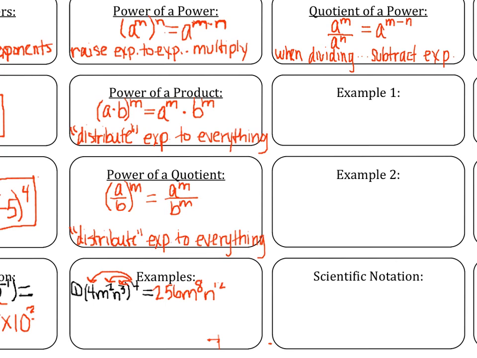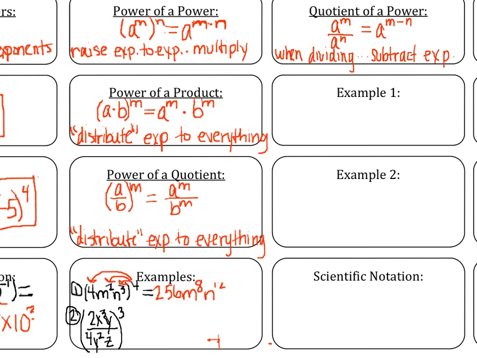So let's go back and look at this second example at the bottom of the page. Number 2 is already written in yours, that's why I'm writing in black. It's 2x to the third times y over 4y squared times z, and then you've got that whole quantity raised to the third power.